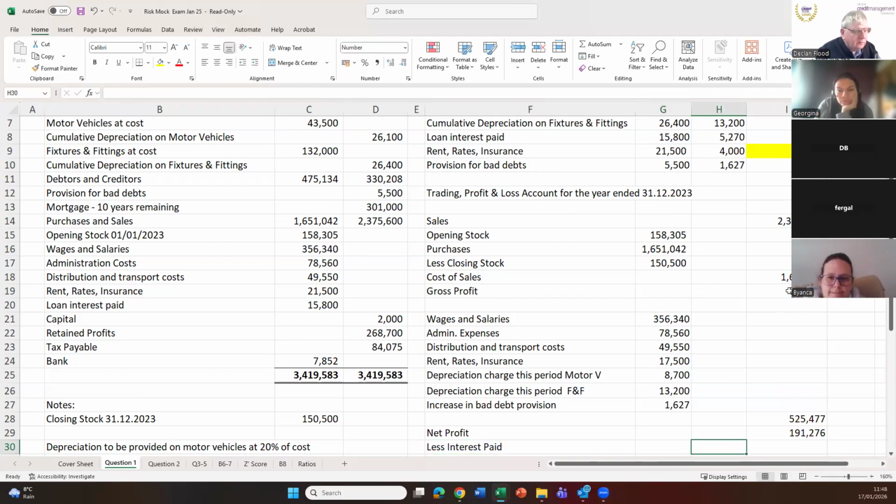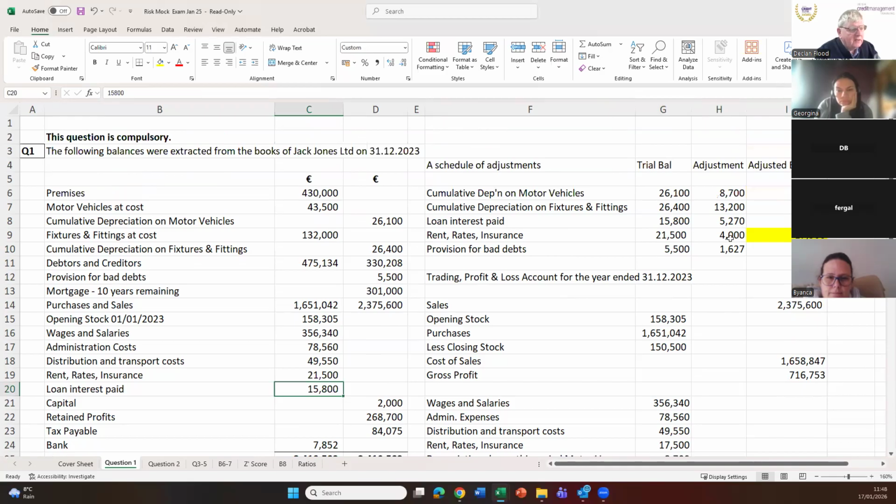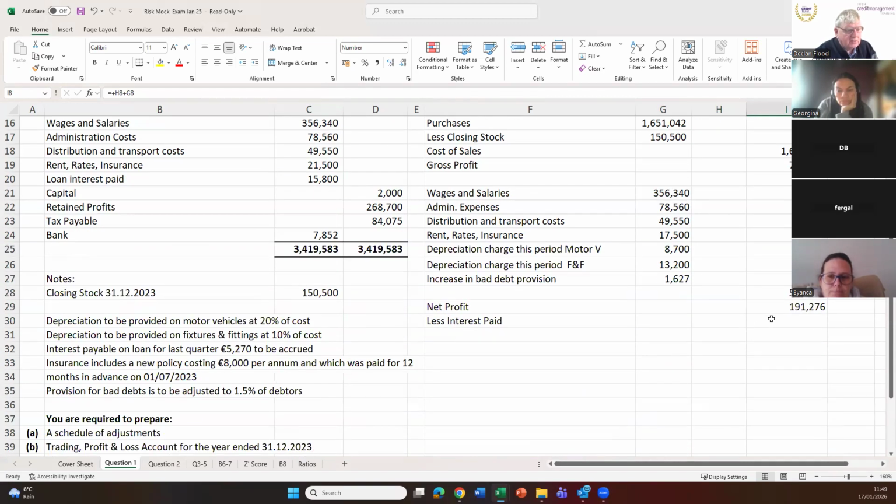And what interest have we paid? There's 15,800 in the trial balance. There's another 5,000 that we have accrued. So my interest figure for the year is the 21,070. So that's interest paid 21,070.